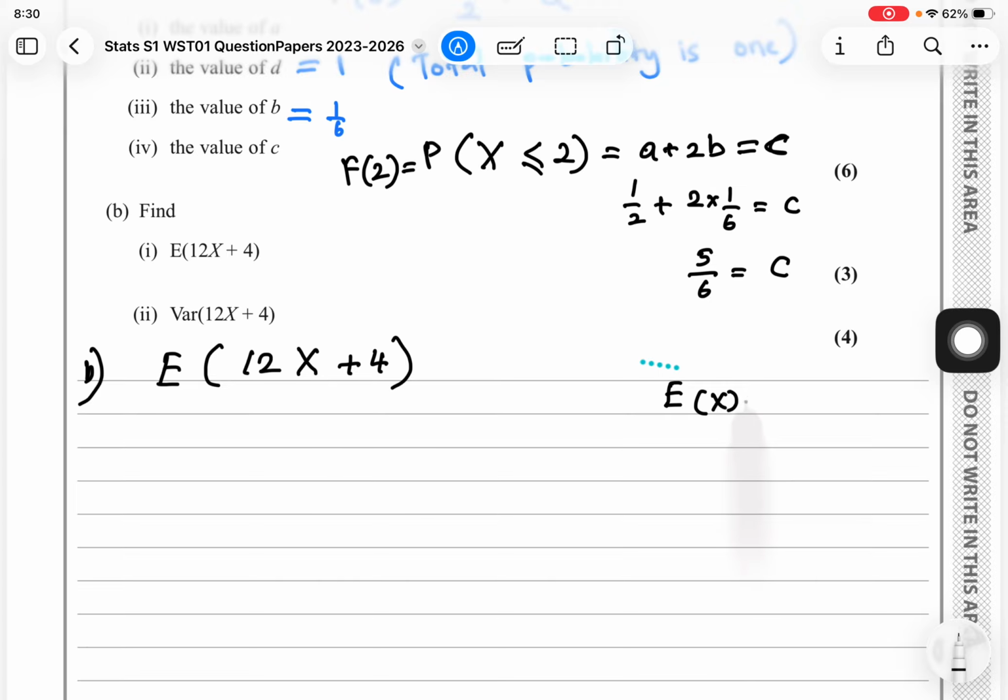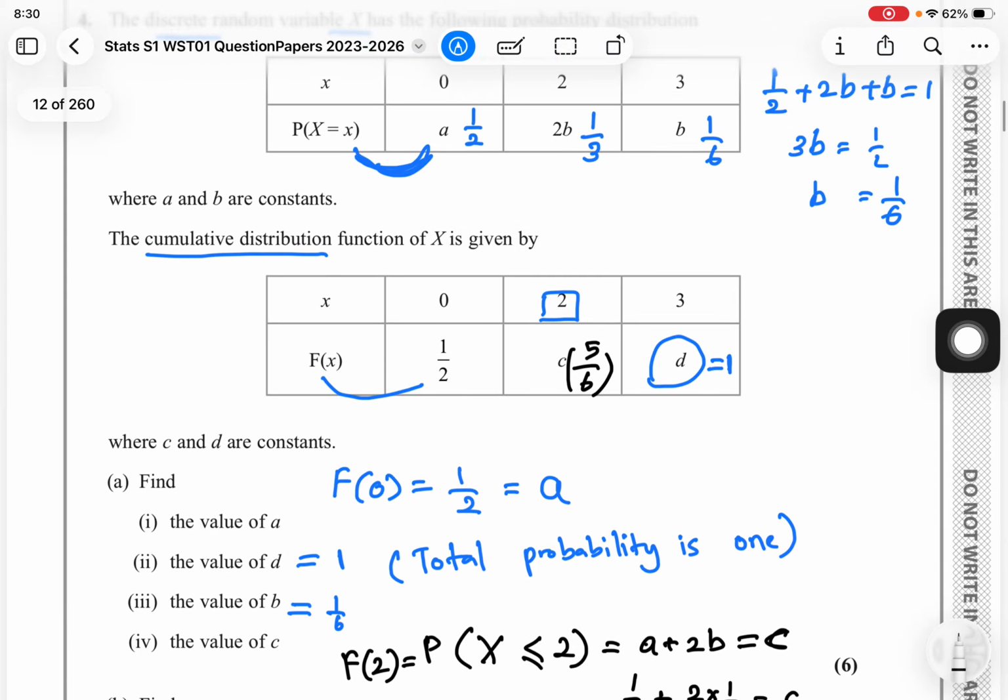It is the sum of x times P(X equals x). For every case we have to keep on adding. In this case x is 0, 2 and 3, and all the cases we add up.